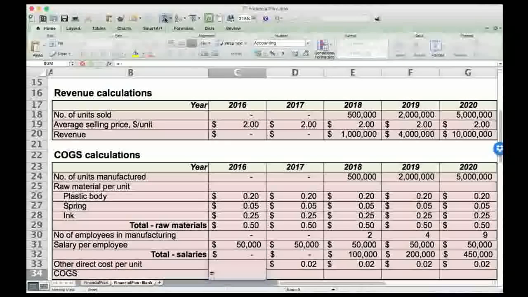So the total COGS would be the salary plus the raw material cost per unit multiplied by the number of units manufactured, plus the other direct costs multiplied by number of units manufactured.